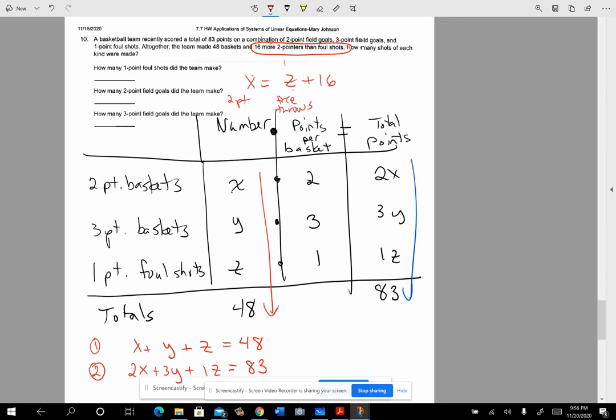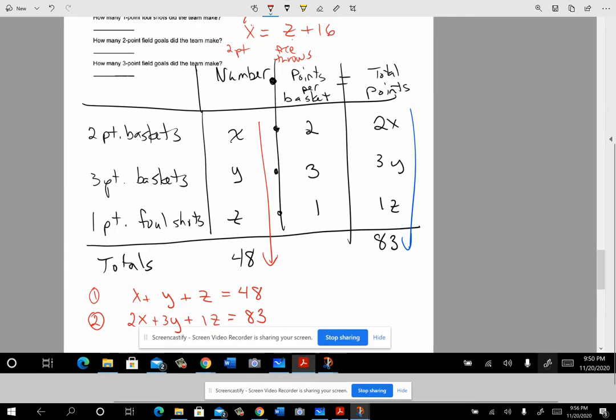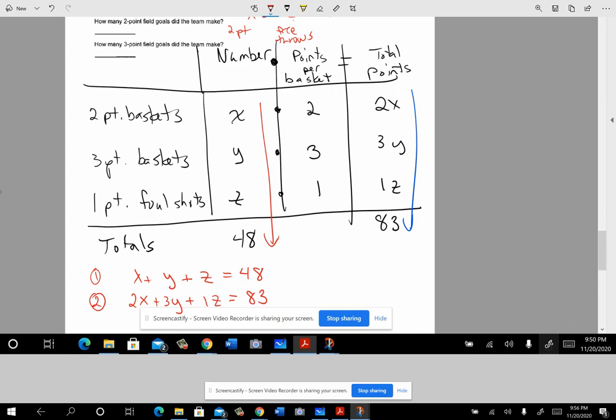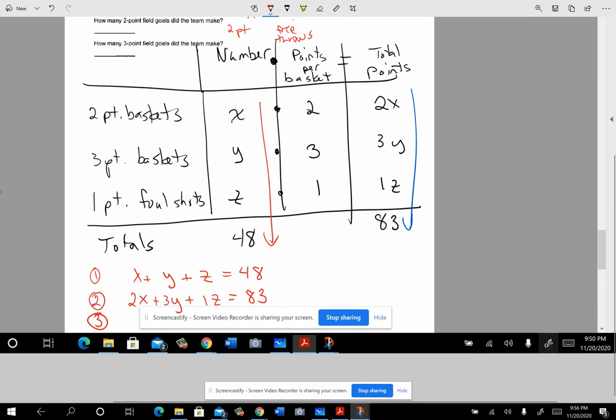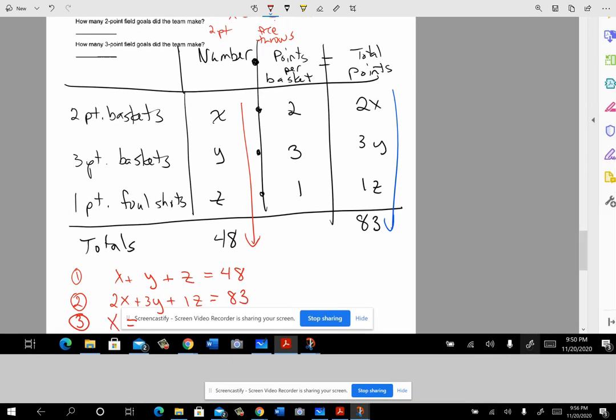All right, so once you're sure you got that set up, I just got that from that sentence, then I'm just going to add that as the third equation on here. I also know that X equals Z plus 16. Now this one's going to be interesting because it's got 3 variables and we haven't had that before.